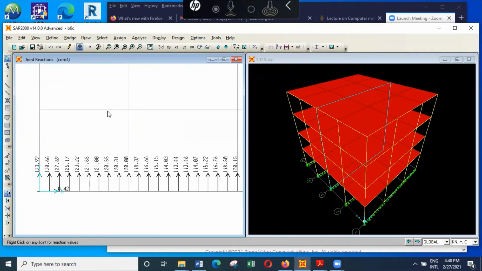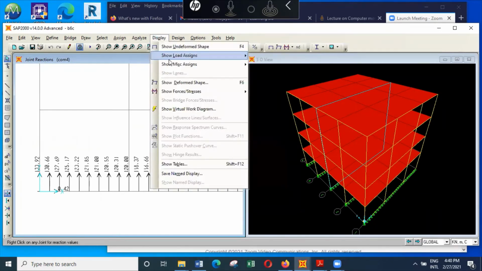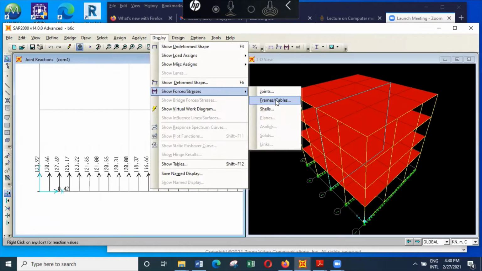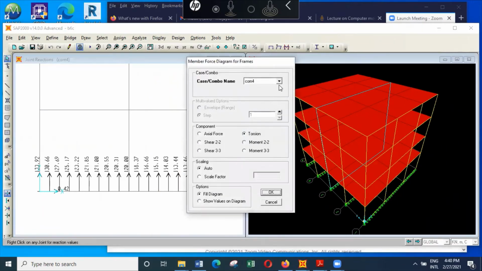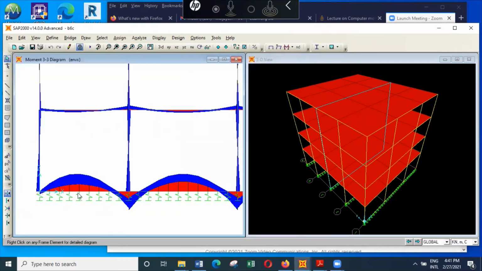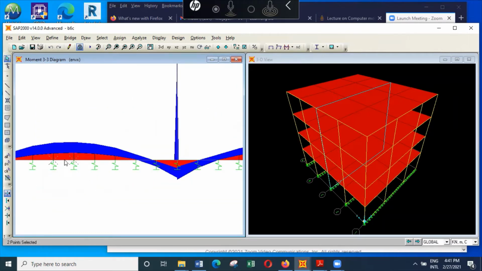But if you want, you can use the values due to envelope in x direction. Can use the moments due to the envelope, and if you look at the values, you see they are not drastically different.